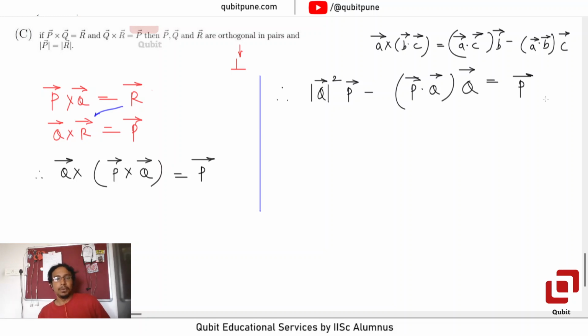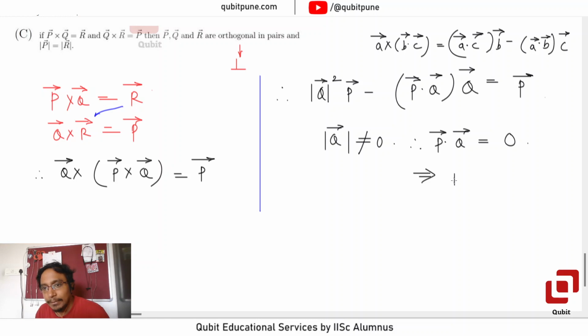Now what can be said about the equality? Look, Q bar cannot be null vector because otherwise LHS will become 0 and RHS is not 0. Therefore P bar dot Q bar must be 0, implying P bar is orthogonal to Q bar.